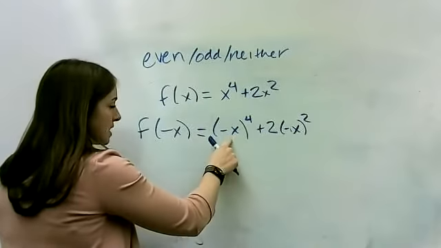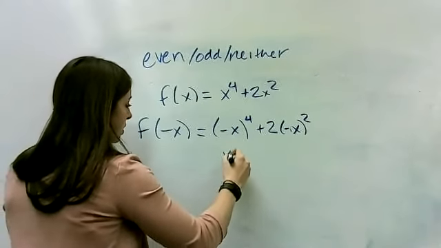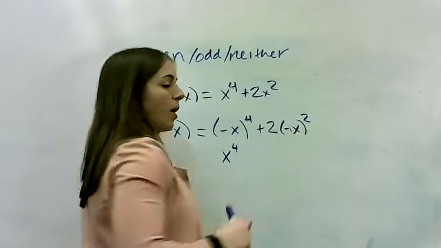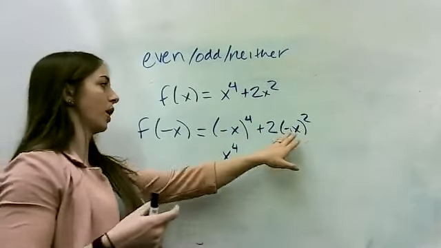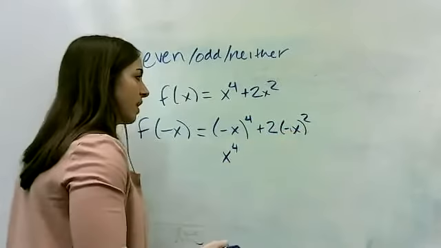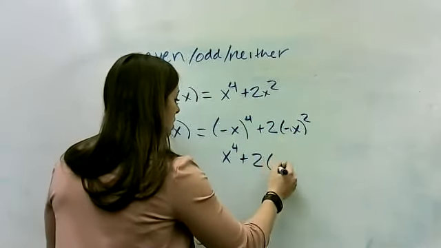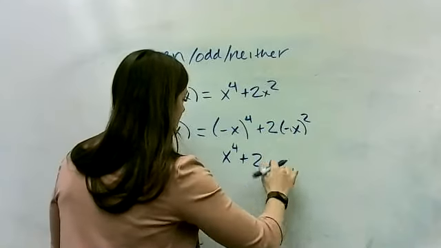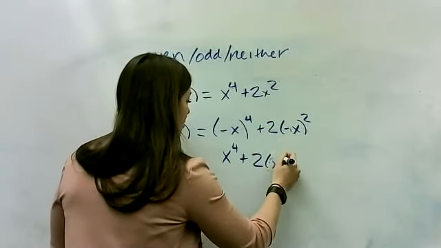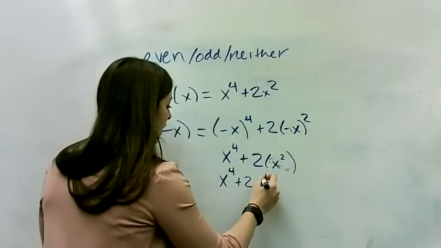Anything that's negative to an even exponent is going to become positive. So now I have positive x to the 4th. Again, order of operations says I do exponents before I do my distribution or multiplication. So -x squared, an even exponent, is going to be positive x squared, giving me x to the 4th plus 2x squared.